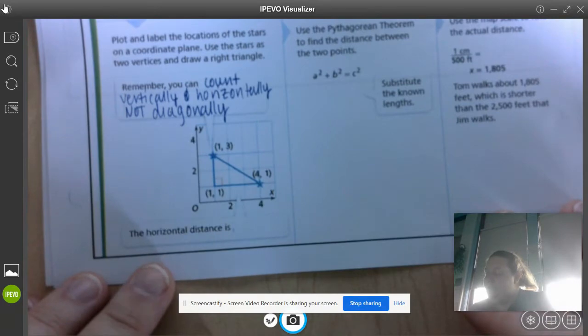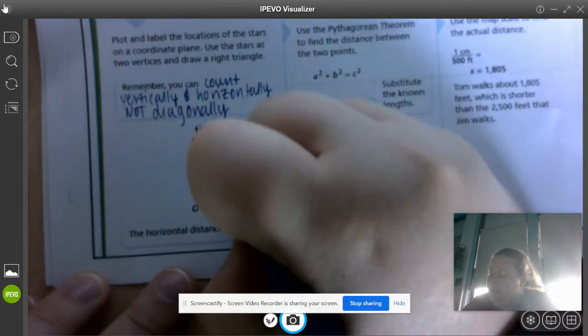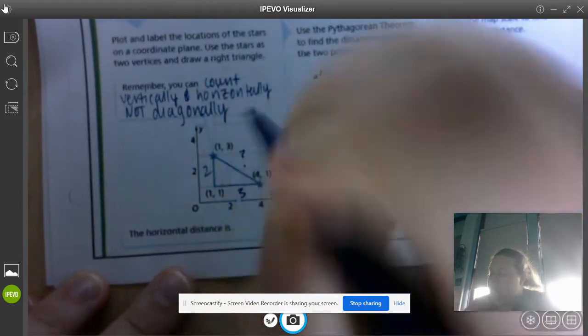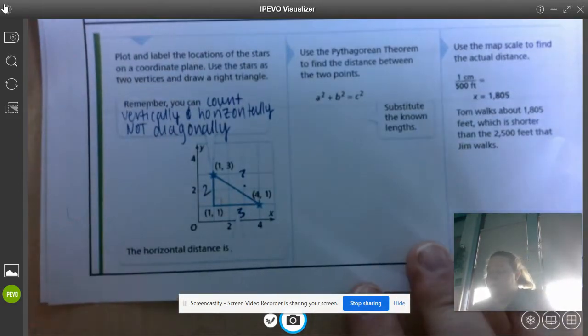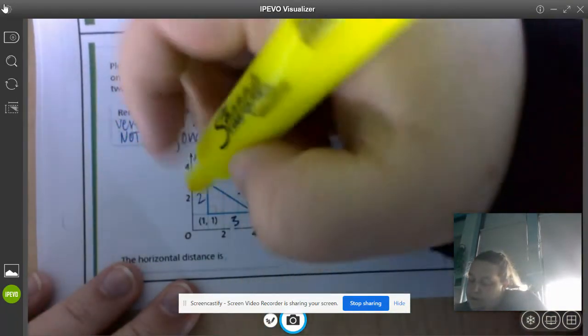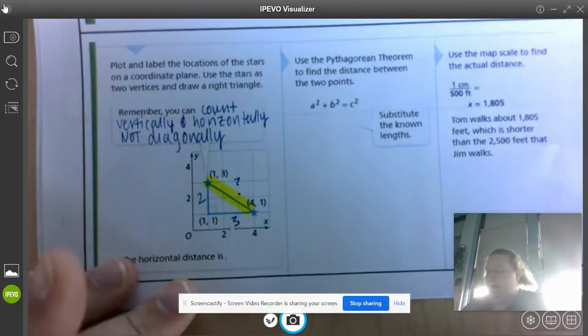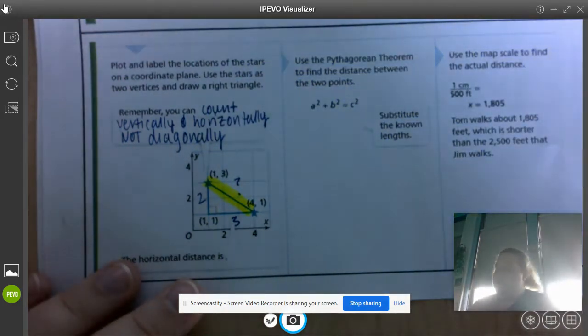So we have this side is 2 units and this side is 3 units. This side is unknown. Using my highlighter just to see what my hypotenuse is, since the right angle is here, that's my hypotenuse. So we don't know what that distance is.